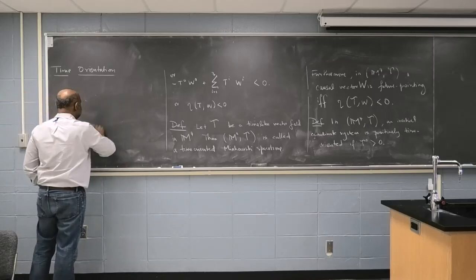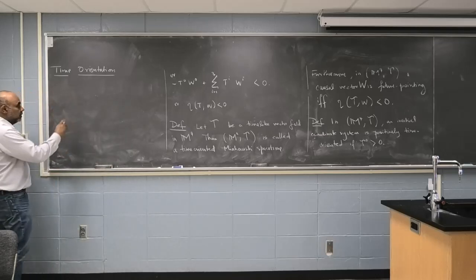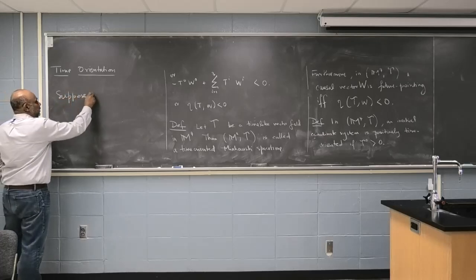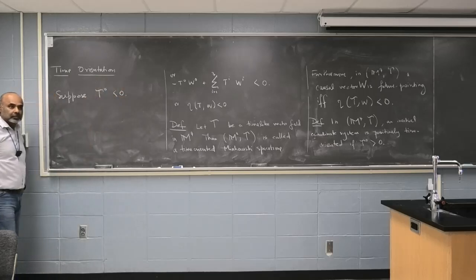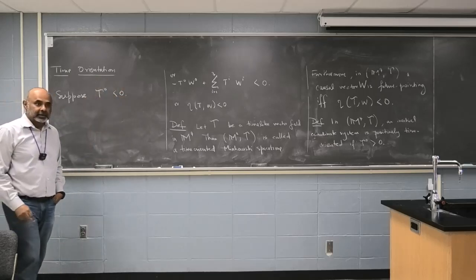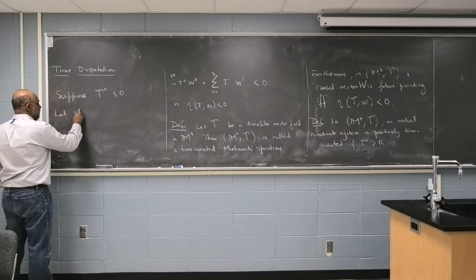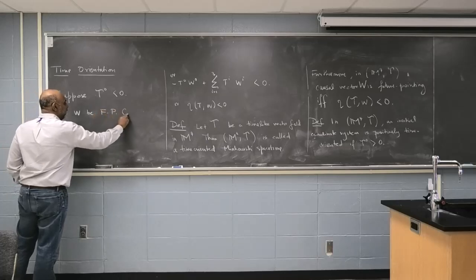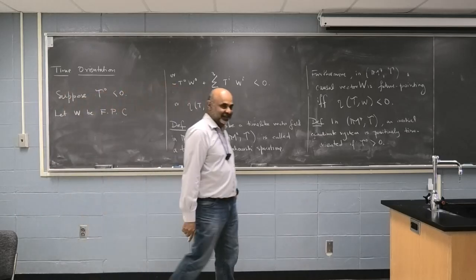Suppose, space like, this is not part of your notes necessarily, but let's just do that. Suppose, right? I hate to do this, but it's... What does FPC mean? Future pointing causal.